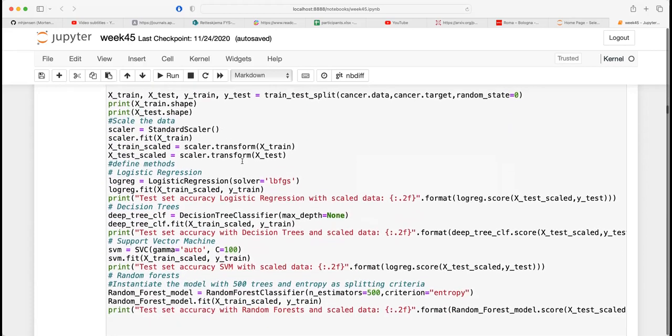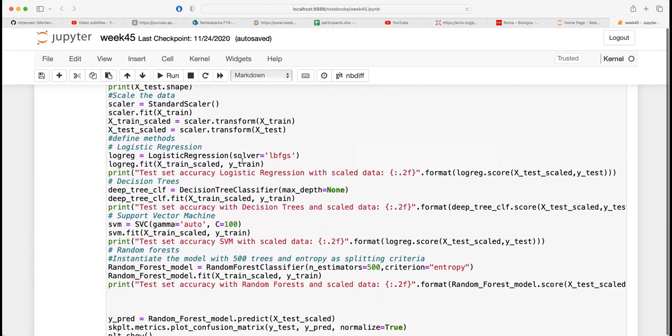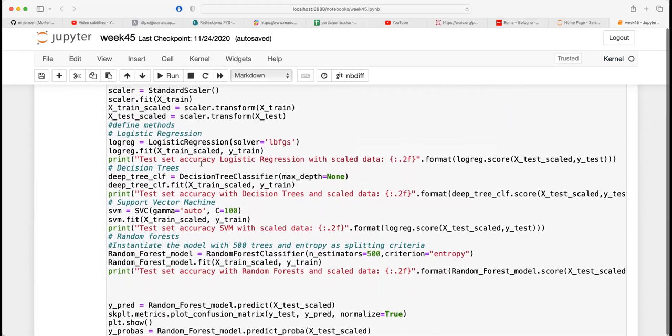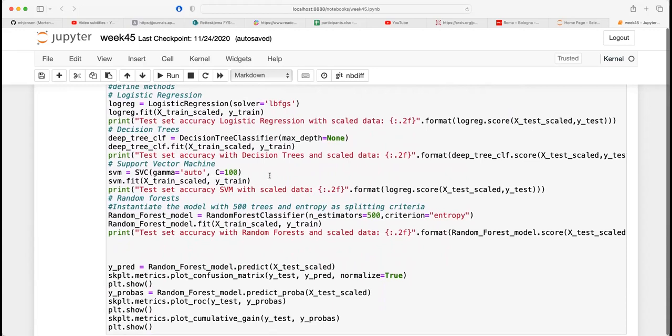Here we scale the data and calculate with the different methods and look at their predictions. We have a random forest classifier with 500 trees, using entropy to make the splitting. We have a decision tree as well, and then logistic regression, as you can see here.